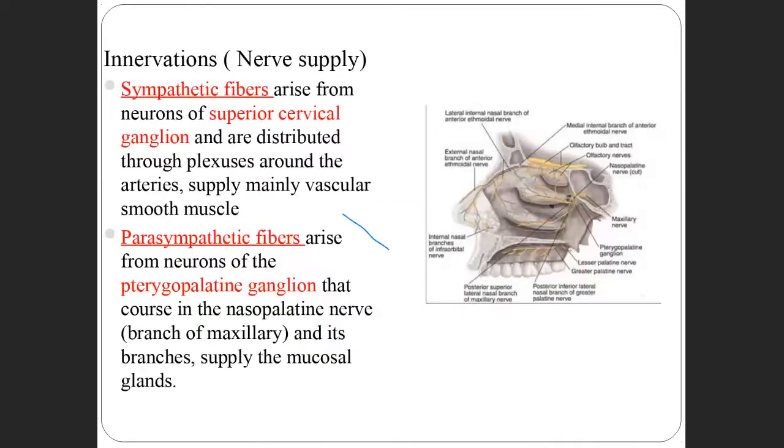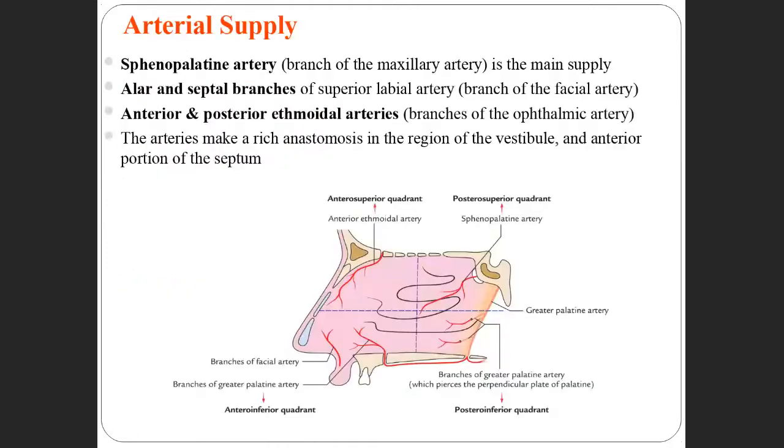This I already told. And then the blood supply: the sphenopalatine artery, alar and septal branches, and the anterior and posterior ethmoidal arteries. So remember where these branches come from.